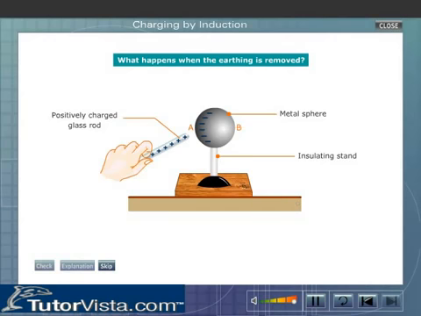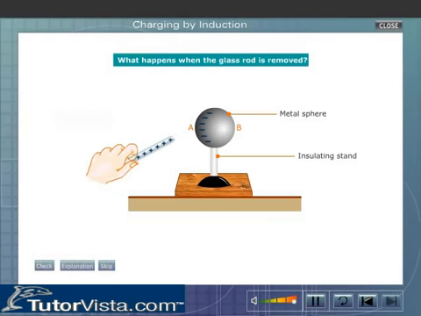On disconnecting the conductor from the sphere, only the negative charges remain on the sphere. On the removal of the glass rod, negative charges spread uniformly on the metal sphere.